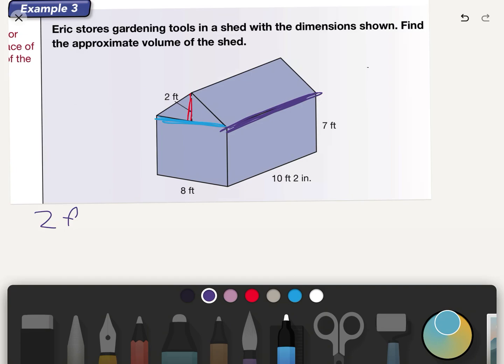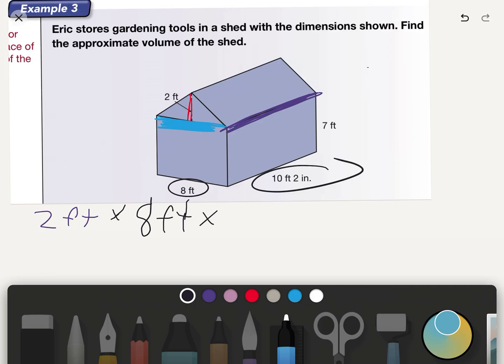We got our 2 feet times 8 feet because we're using this up here, times, oh hey, what do we do with this? 10 feet 2 inches.